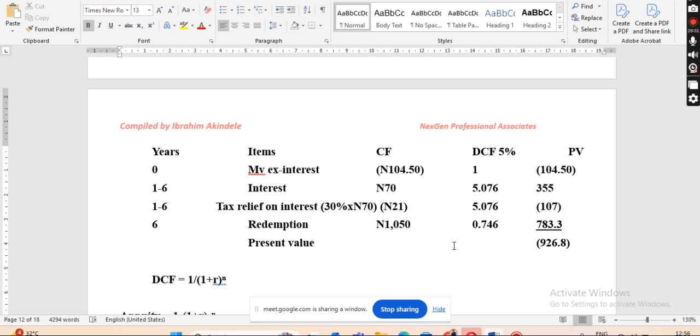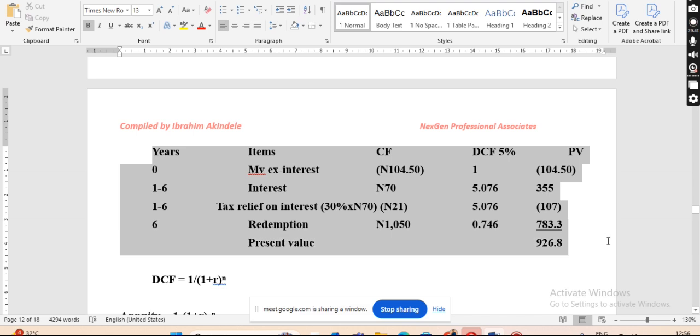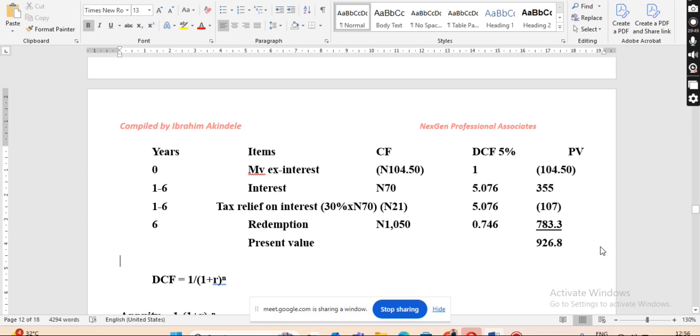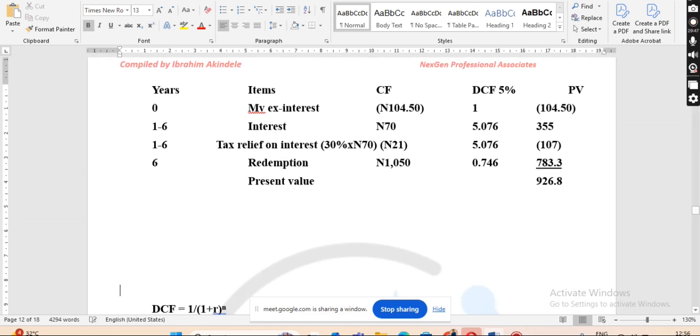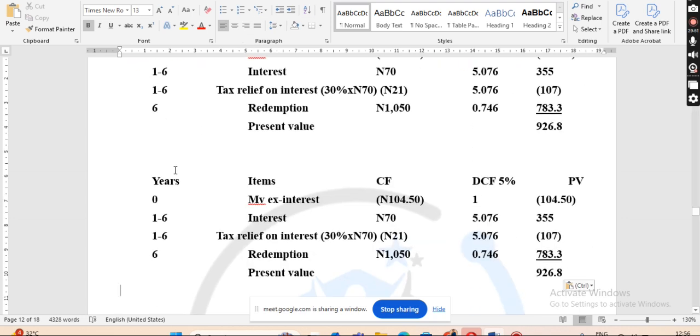Positive, sorry. So we need to get the negative NPV as well. You can copy all these things down. Then it's trial and error, right?